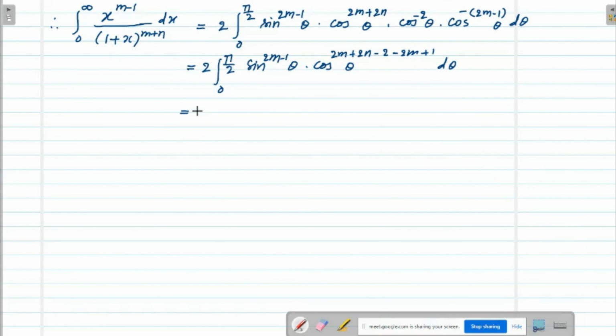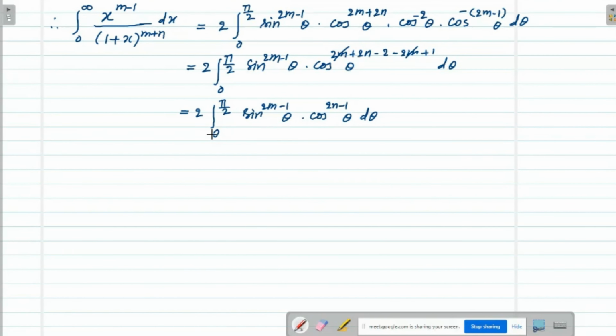Here 2m and 2m cancel. What is remaining? 2n minus 2 plus 1, that is minus 1, theta and d theta.